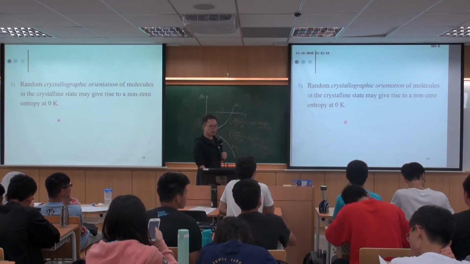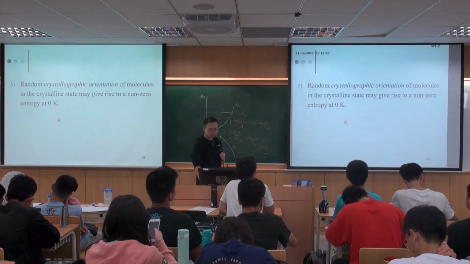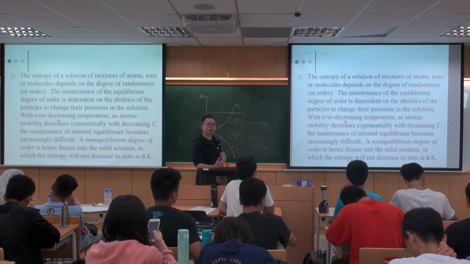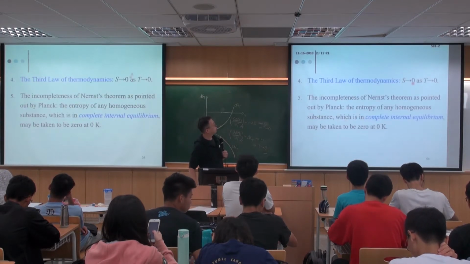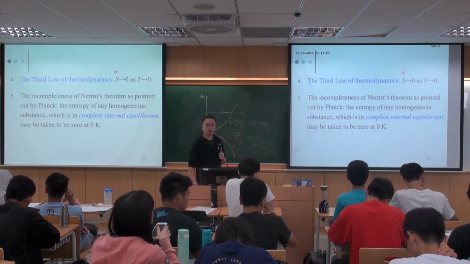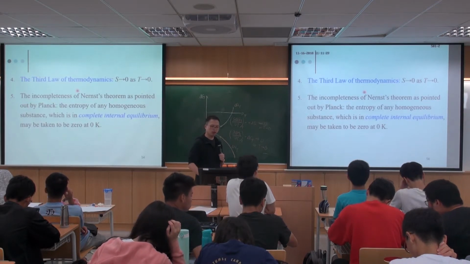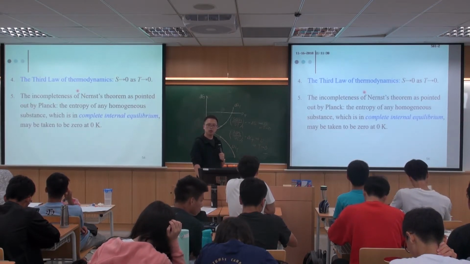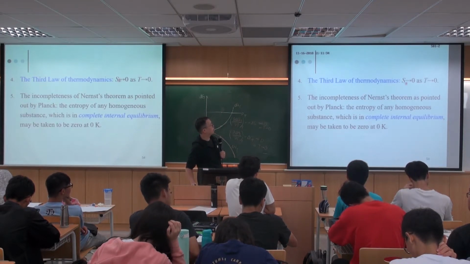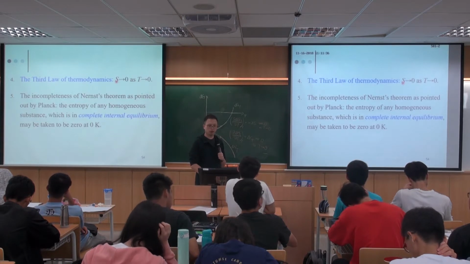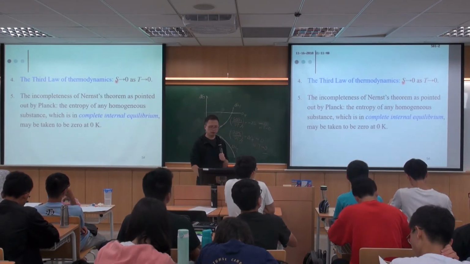So in that case, the third law will also not help. So these are the exceptions that might happen to prevent this from happening. Okay? So please bear in mind that this third law is more like a postulation. But in reality, typically you will see some finite entropy at 0 temperature. Although those numbers will be small, there are still some finite values.